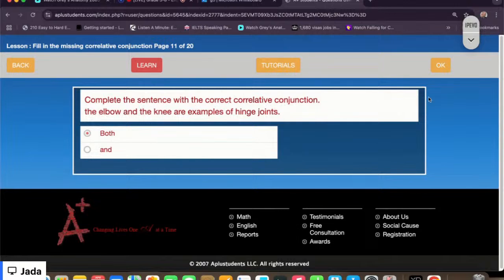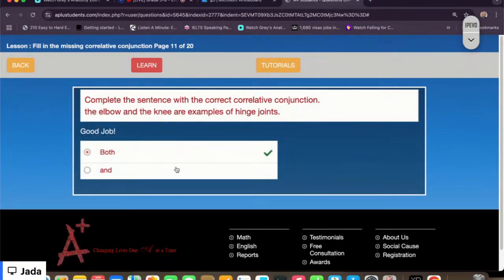So both the elbow and the knee are examples of hinge joints.